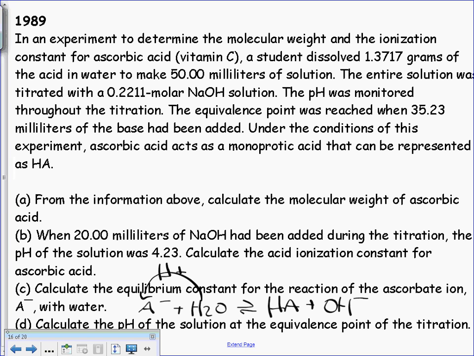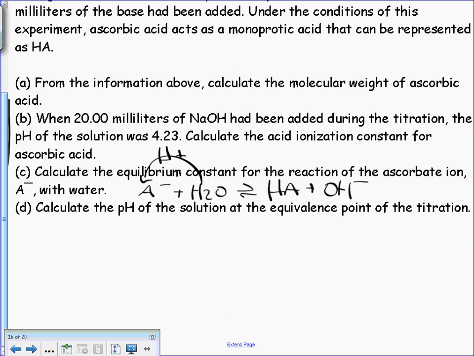So for this one, you write your reaction out, and you realize it's not just the reverse, it's actually the Kb of the Ka that we found in part C, and then move on from there. So how do you find a Kb? Right, Kw divided by Ka, and what is Kw?